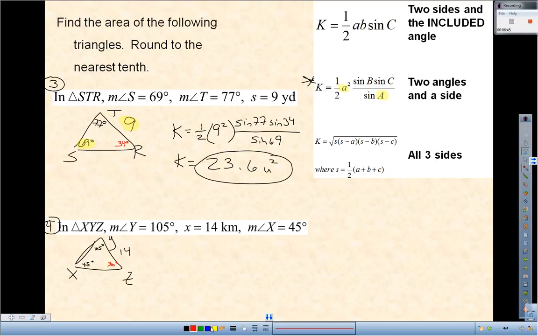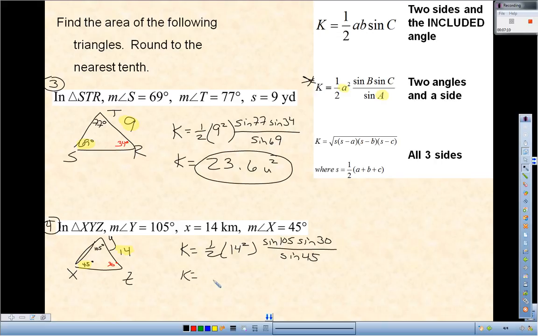Then I pair up the only side I'm given with its angle and use that in the formula. So my area is going to be 1/2 times 14 squared times sine of 105 times sine of 30 divided by sine of 45.